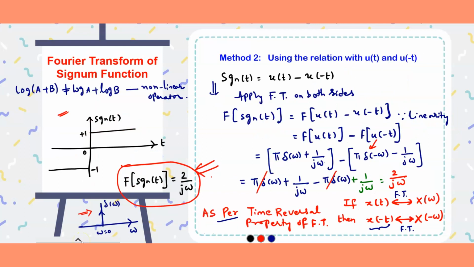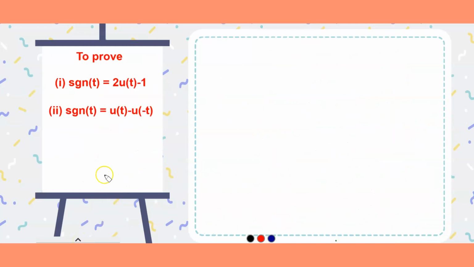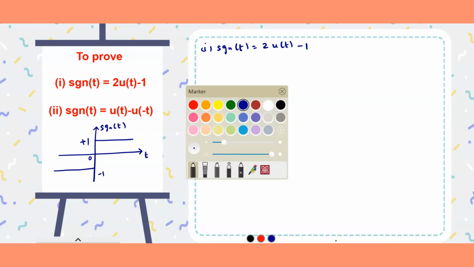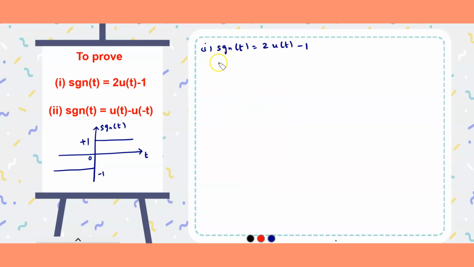Now very quickly we will try to prove these two things which we have just assumed earlier, so that our video will be complete in all respects. First, we have to prove signum of t is equal to 2 into u of t minus 1, which is somewhat simple compared to the second one.